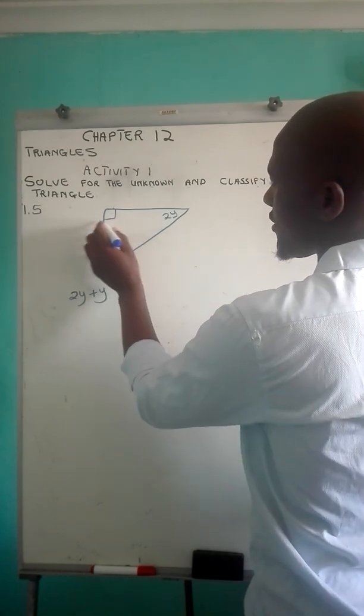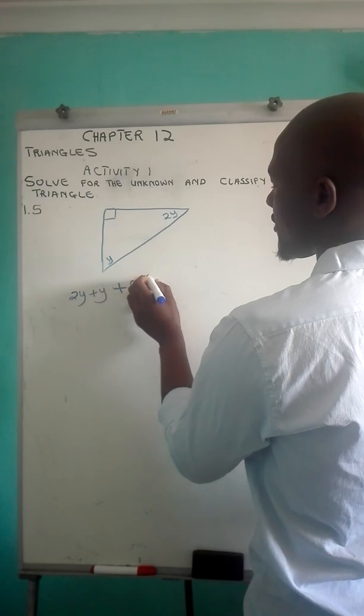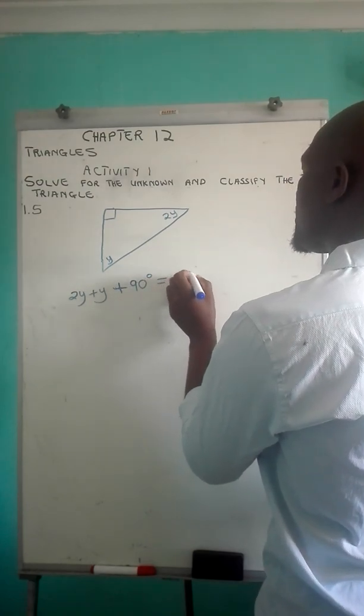When you see this block, it's 90 degrees, equal to 180 degrees.